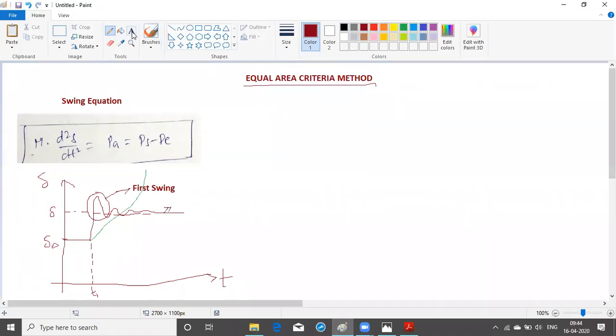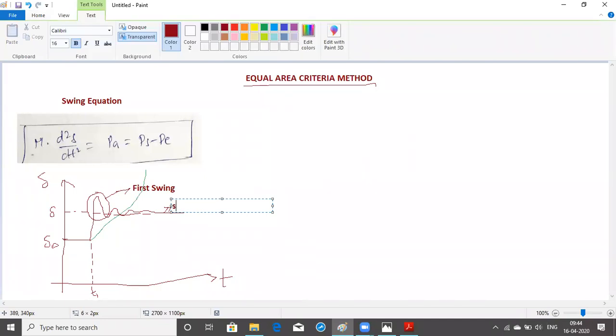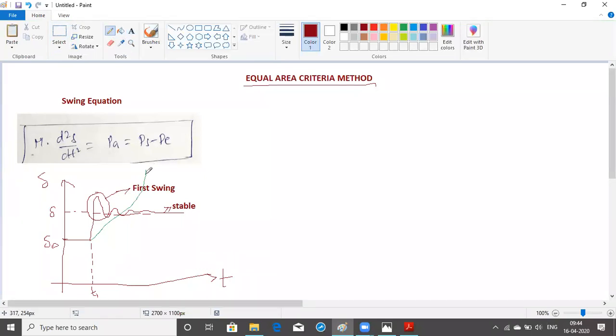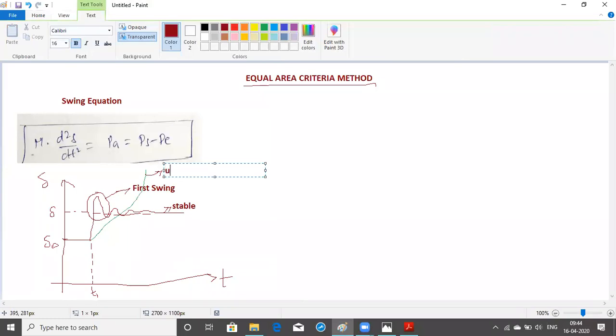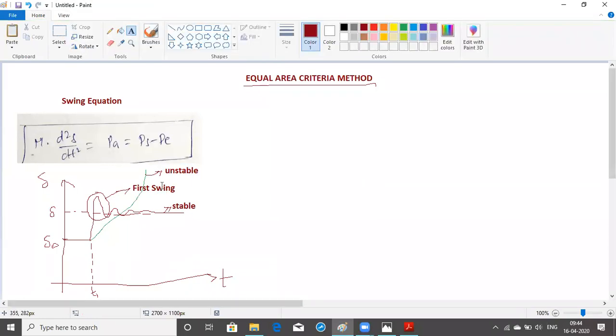See, I'm indicating everything for your better understanding. The red one returned to the stable operating point, whereas the green color indicates an unstable operating point after the disturbance took place. That means it is moving to unstable.